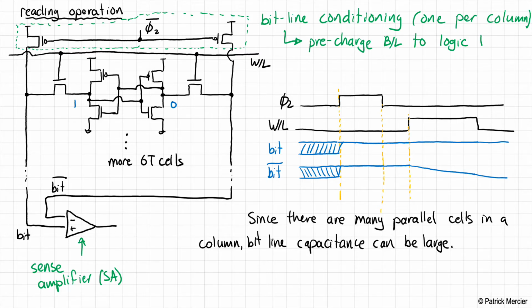What I mean by that is we tend to put lots of cells in each column, right? That's the advantage of an array system. So we have lots of cells in each column. Each of those cells is connecting to the bit line. So if we have n cells in a column, then we have n times c worth of capacitance on the bit line.